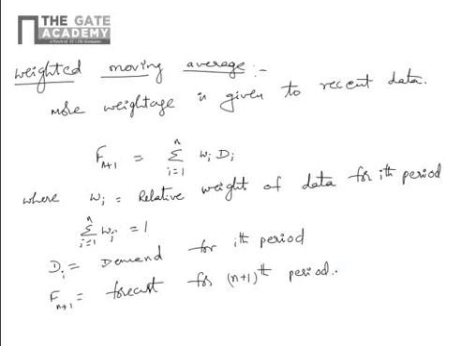If you have data of n periods, n values or n terms, and you want to forecast for the n plus 1th term, then this is the formula for that.